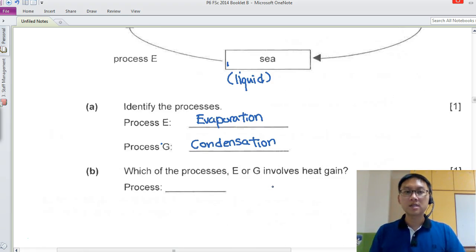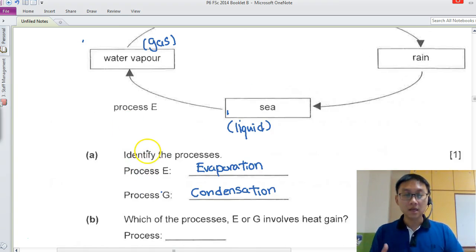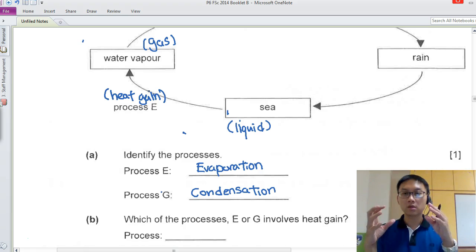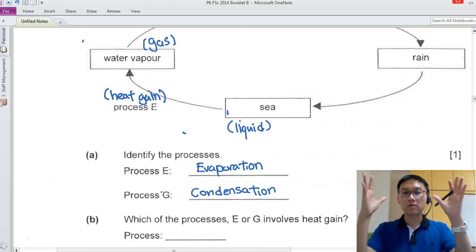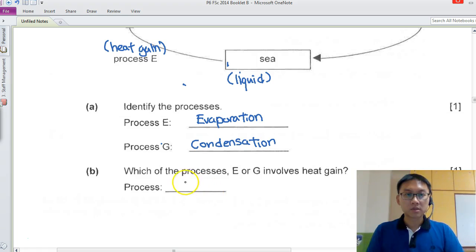So which of the process, E or G, involves heat gain? You need heat in order to change liquid to gas. So this process E has heat gain. Always remember that. Heat gain because liquid needs a lot of energy in order to change it to gas. Gas, because it's flowing around, you actually need to lose the energy to then condense into water droplets. So my process is E.